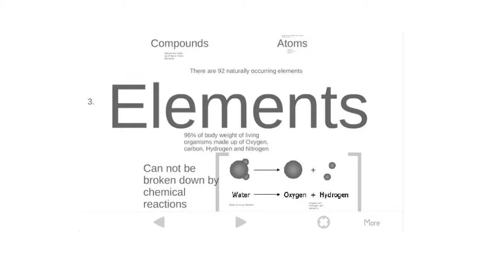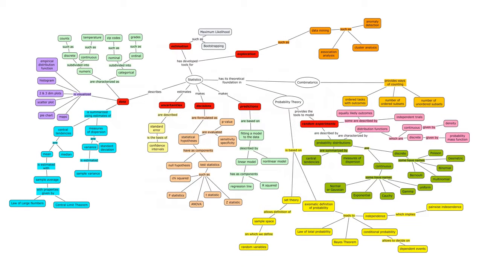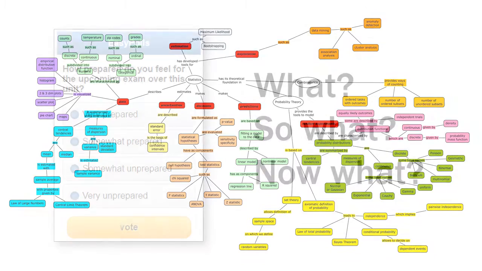This is an example of one screen from a Prezi that addressed elements. They might make concept maps as a way to communicate what they learned, and how what they learned ties together with various concepts or frameworks.